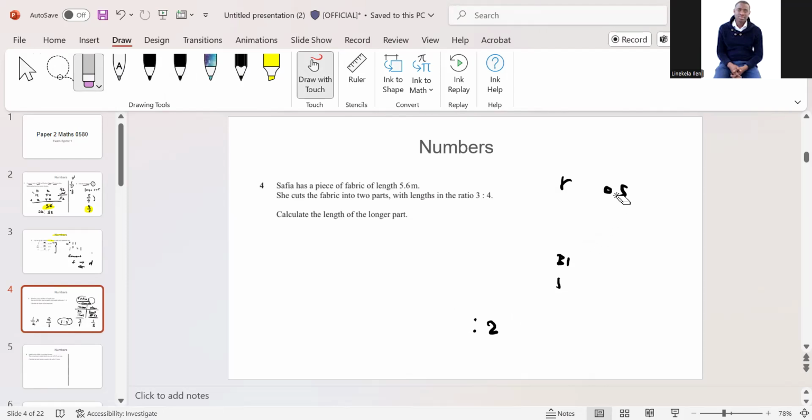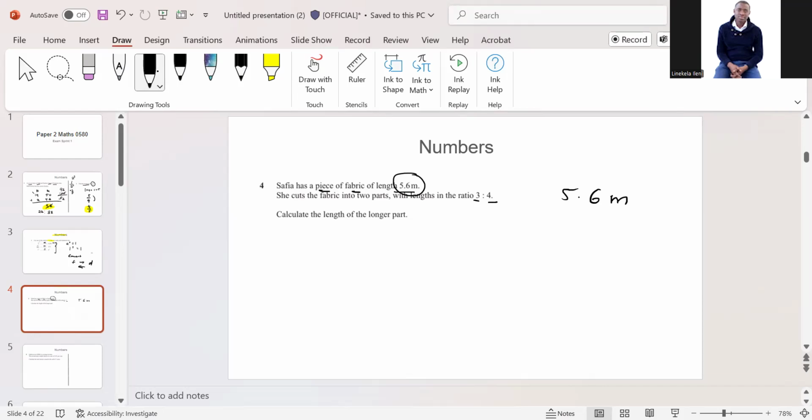Now, every time you're dealing with shared ratios, what do you do, guys? Something that we've done a couple of times, you always need to add the ratios. Now, in the exams, they'll obviously give you numbers that you can deal with, not just 5.6s and all of that. So here you are told Sophia has a piece of fabric of length 5.6 meters, and it's divided in a ratio of 3:4.